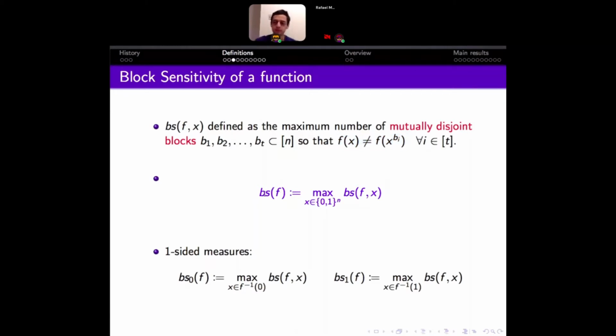The block sensitivity is simply defined as the max of the block sensitivity over all inputs. And then we define the one-sided measure of zero block sensitivity, where the maximum is taken only over the zero inputs, and similarly one block sensitivity, where the maximum is over one inputs.